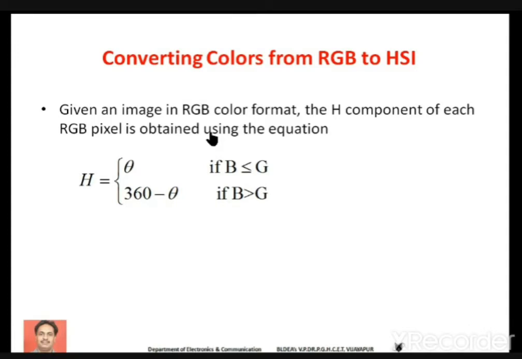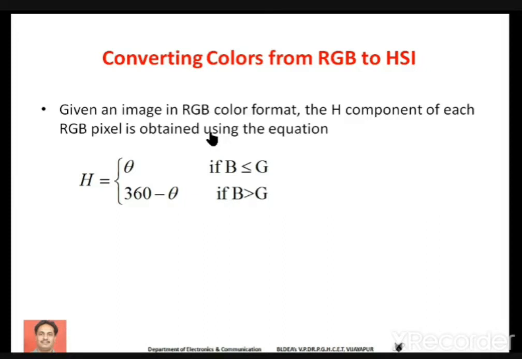Students, here you don't have derivation for these formulas, but you have to remember these formulas. This is again one of the very important questions in the examination. You may expect a question like this: explain how to convert RGB to HSI and vice versa. There you have to explain the complete procedure with formulas.